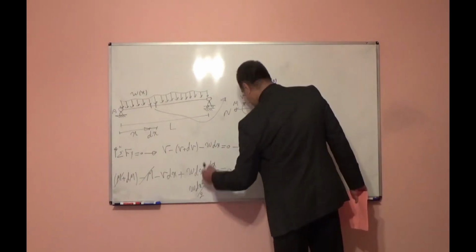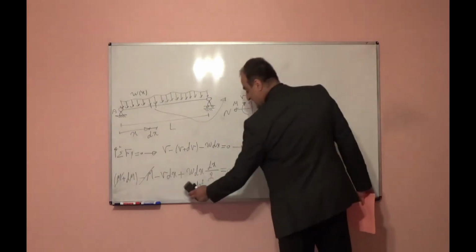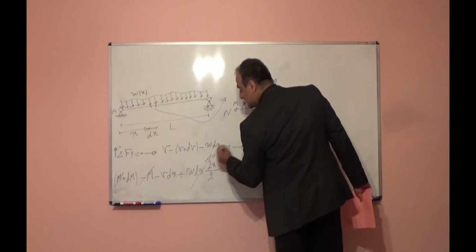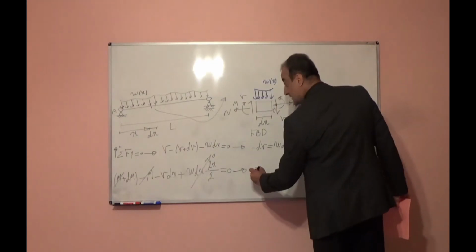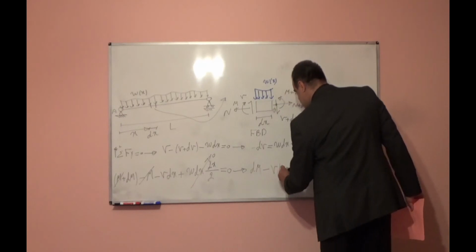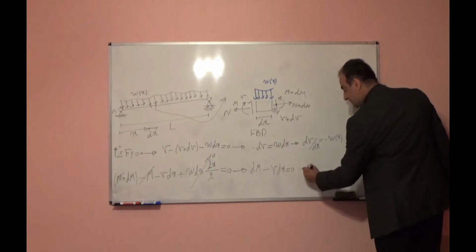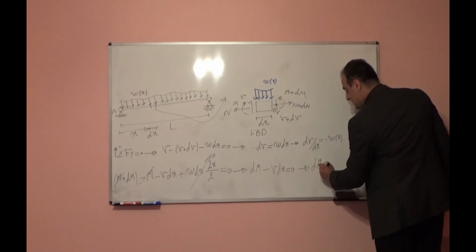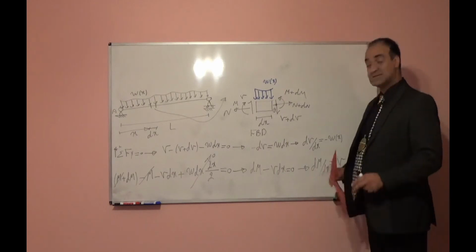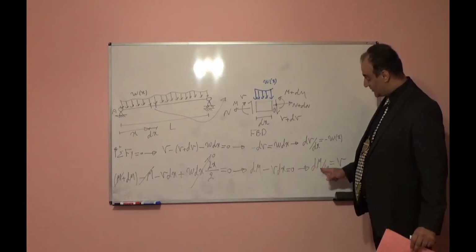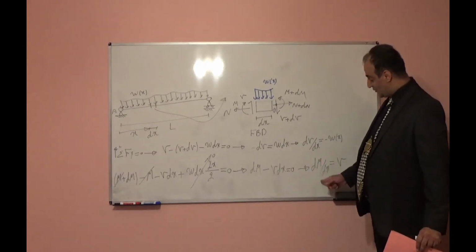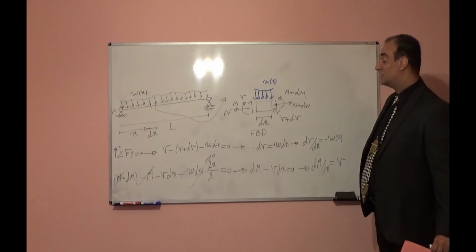Because this term is very small, you can neglect its effect and assume it goes to 0. From here I can write dm minus v dx is equal to 0, so dm over dx is equal to v. This means the differential of bending moment with respect to x is equal to the shear force.